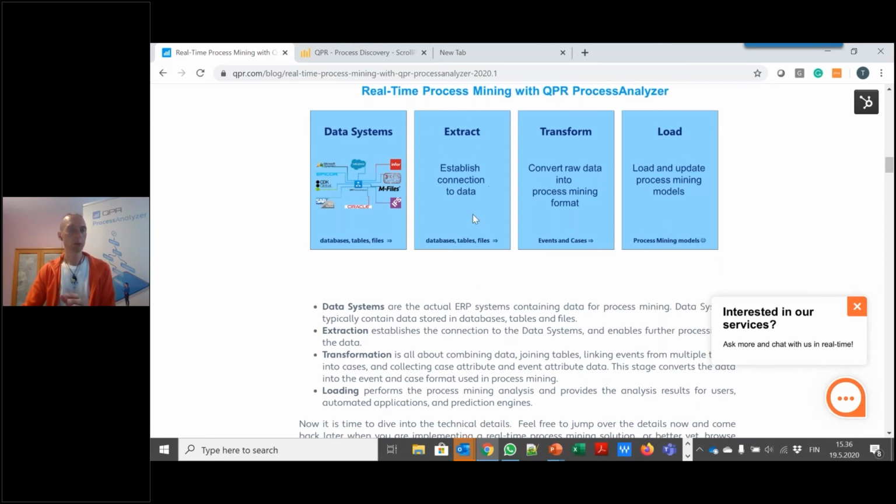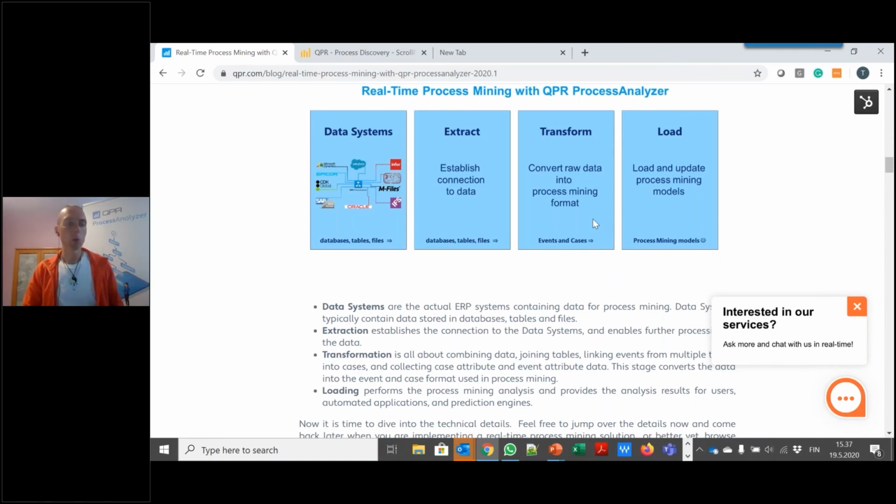So in the extraction phase, we indeed get only databases and tables, but in the transformation step, we convert that into events and cases, and that is done automatically by the scripts that QPR has.